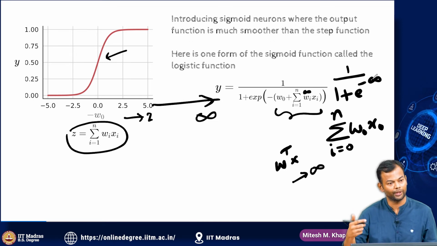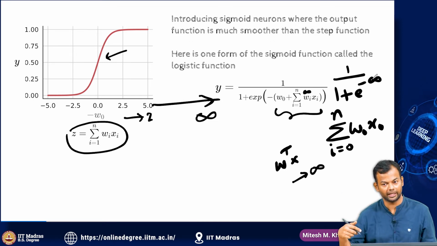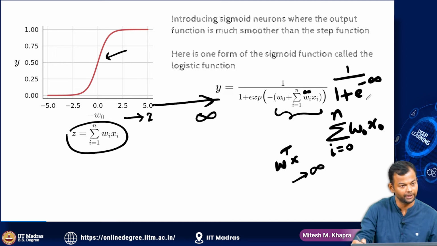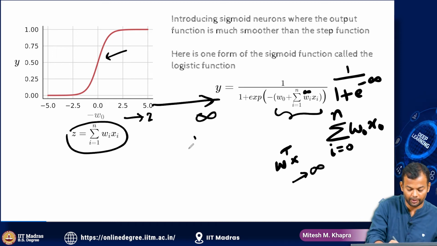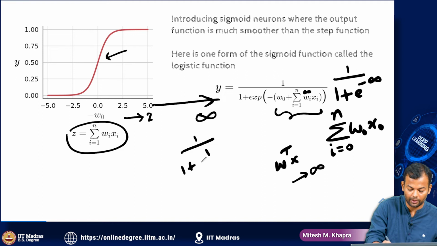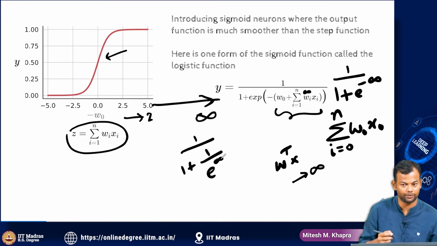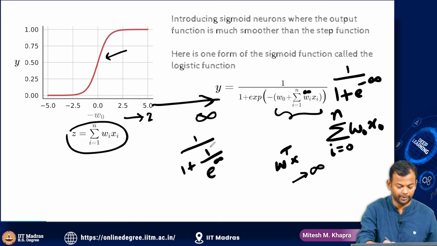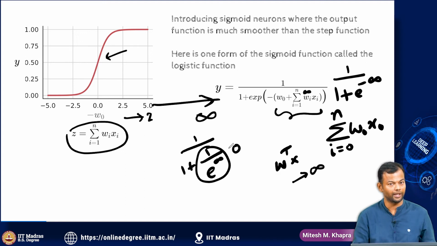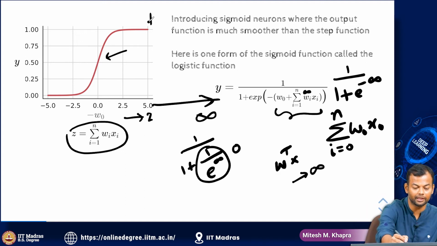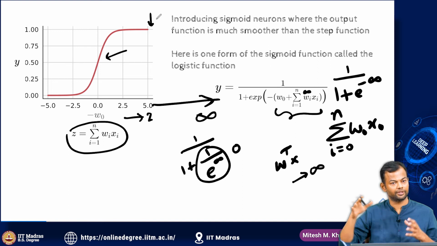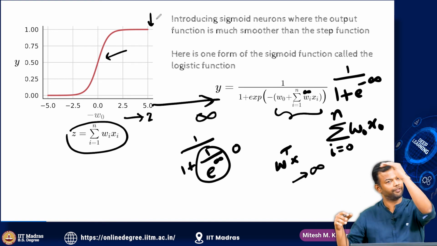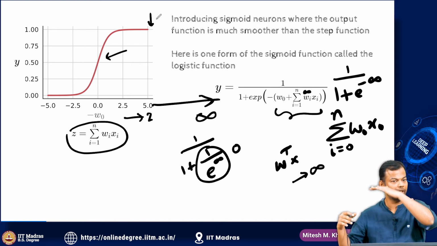That would be 1 over 1 plus 1 over e raised to infinity, right? And this term would become 0. So you'll just have 1 over 1. So that would be 1. And that's exactly what is happening here. As the value of w transpose x is increasing, the function is approaching 1, right?